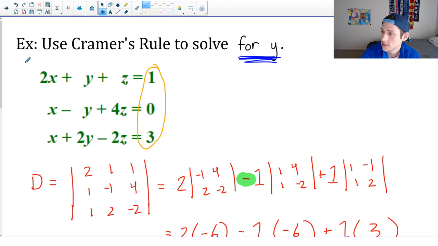We could do it for x, we could do it for z as well. I don't know. If you want me to do that, I can do that. Anybody want to see x or z? It's just the same thing.